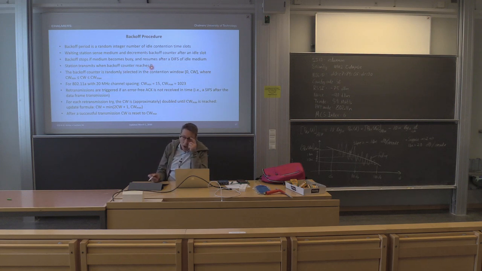Okay. Now, so how do we select this backoff counter? Well, we select the backoff counter R in the interval from 0 to CW, where 0 and CW are integers. So the CW, the upper limit, is known as the contention window. It varies from a minimum value to a maximum value.